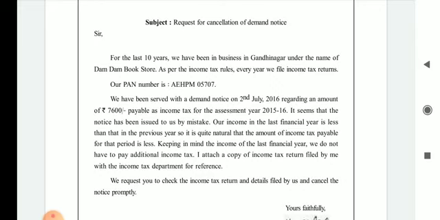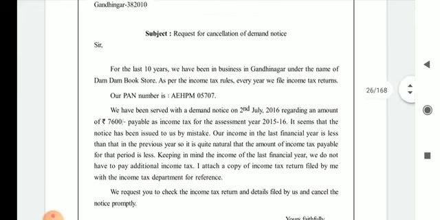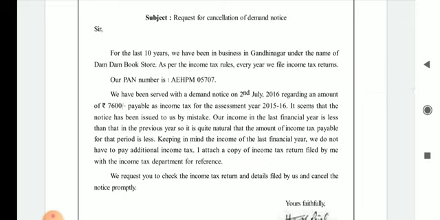As per the income tax rules, every year we file the income tax return.